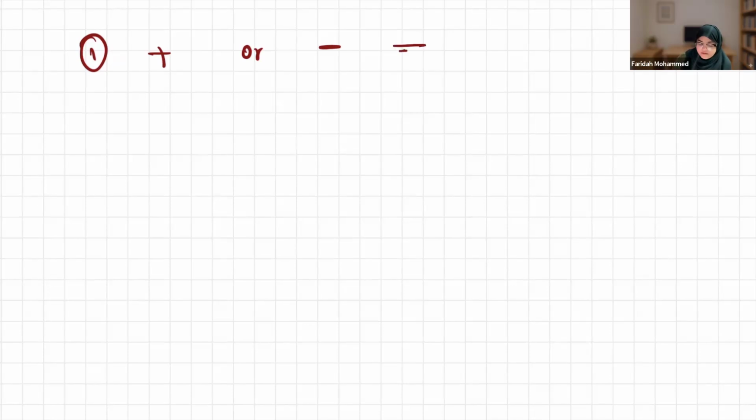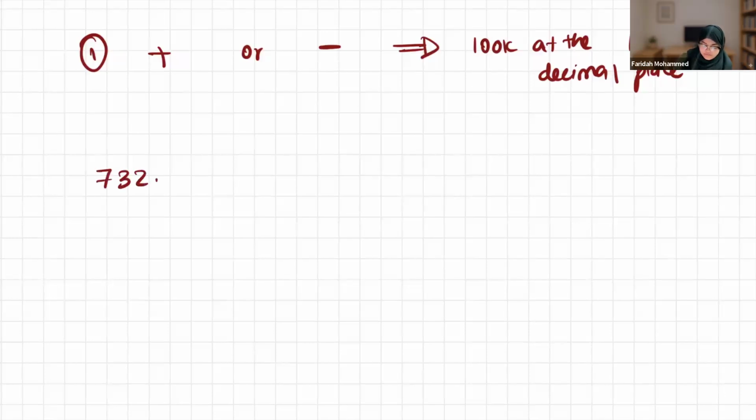Add or subtract, look at the lowest decimal place. What is a decimal place? The number of digits after the decimal point. So for example, if you have 732.15 plus 2.2, if you put this into a calculator, what are you going to get?